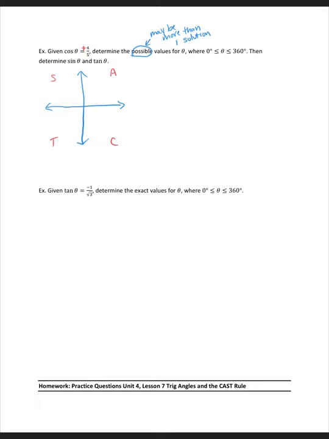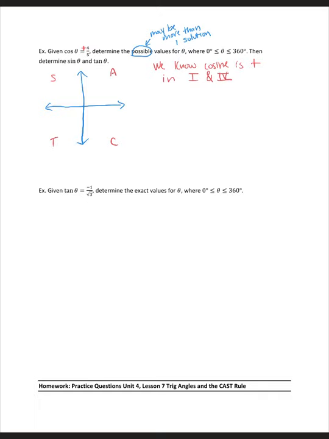So we know cosine is positive in quadrants, based on my CAST rule, in quadrant 1, because they all are, and also in quadrant 4, because that's where the letter C is. So that means I have to draw this angle of theta in both of those quadrants.